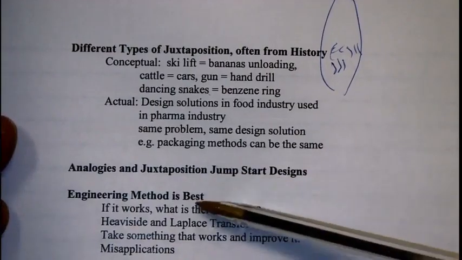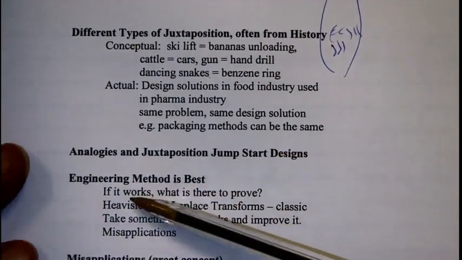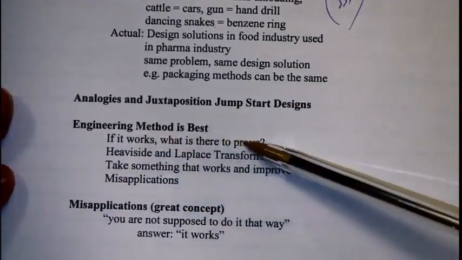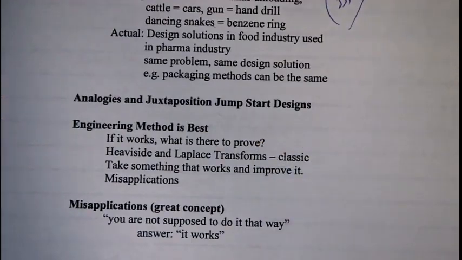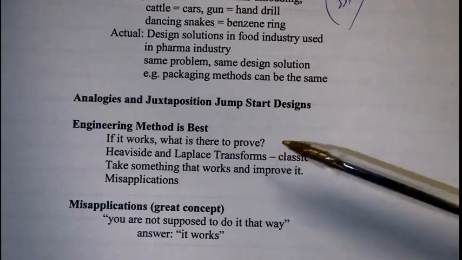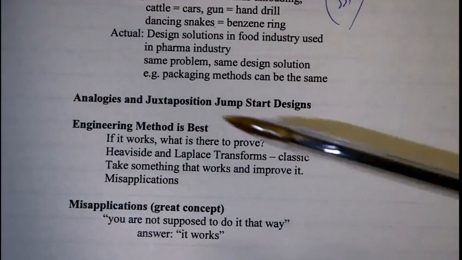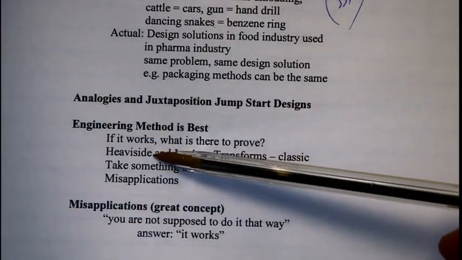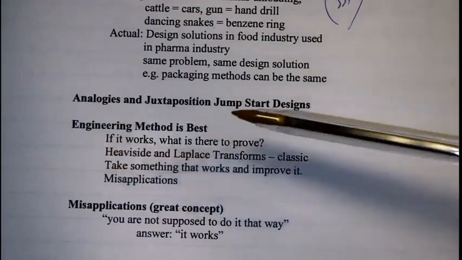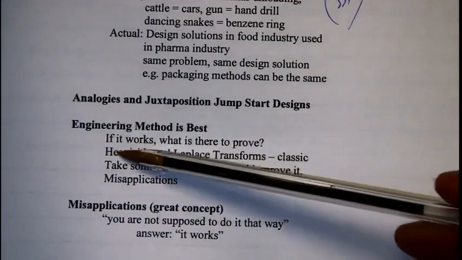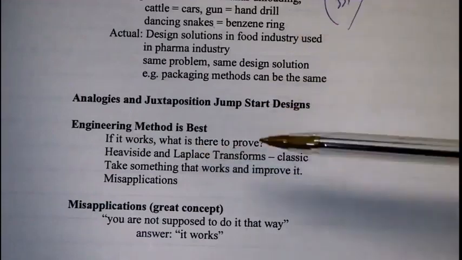And in here we have the engineering method is best. Well, the bottom line for engineering: if it works, why bother proving it? What is there to prove? Oh, such an anti-science statement. An example of this is the electrical engineering professor named Heaviside, who would solve his differential equations, and it would really make the mathematicians very angry.